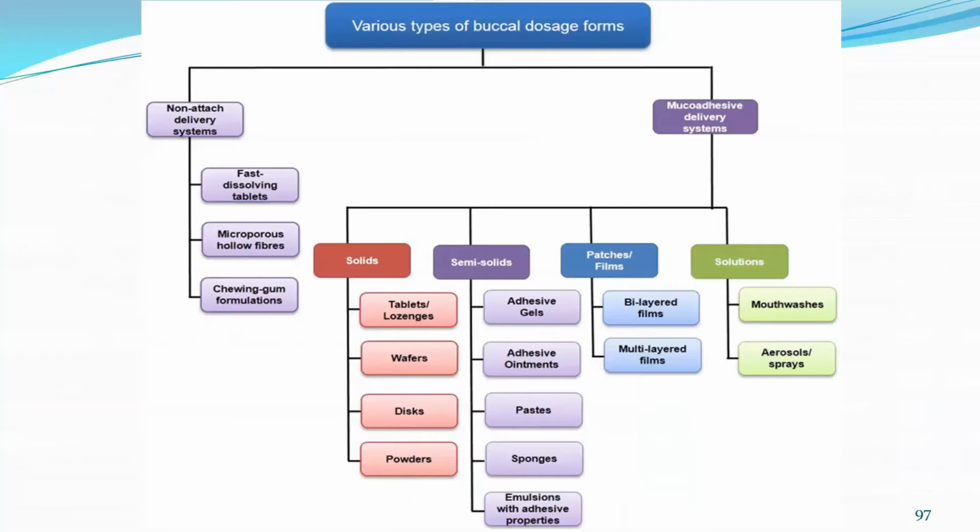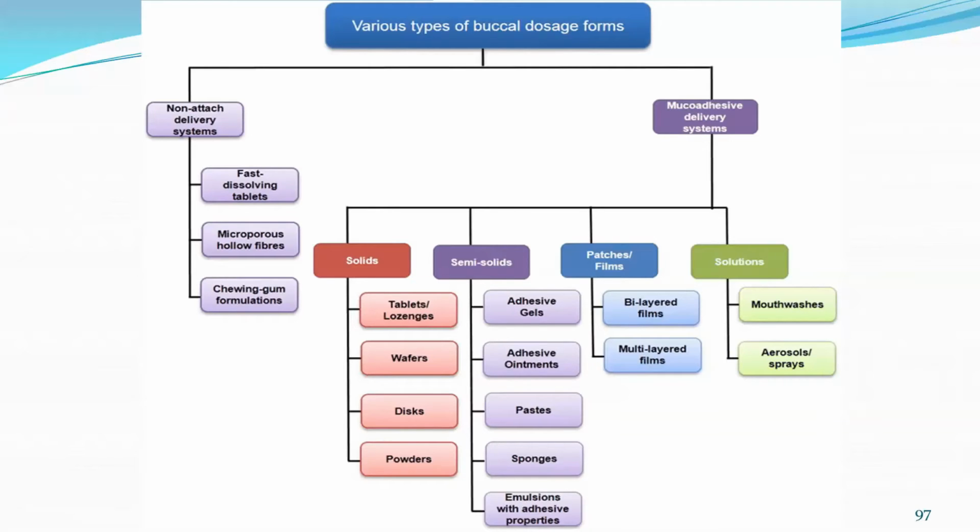We'll see. So the dosage forms are once again classified into the buccal dosage form. Buccal means something can be kept inside the oral cavity and it is absorbed into the circulation. The buccal dosage forms are classified into non-attachable delivery systems and muco-adhesive delivery systems.